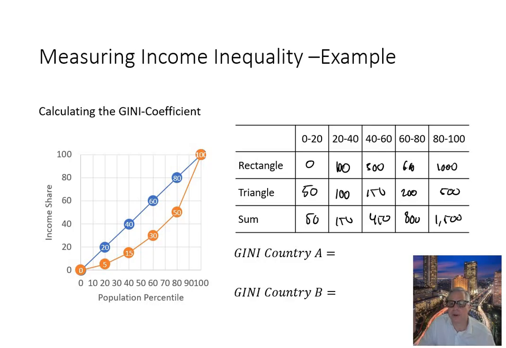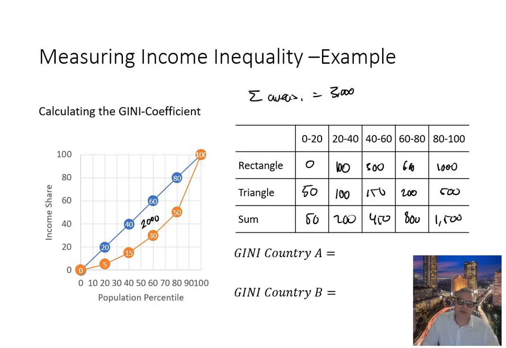Oh, by the way, 100 and 100 obviously is 200. So 250, 500, 700, 1,500, so 3,000 again. So the sum of all the areas, I just call that sum areas, that is 3,000, and that's the area underneath the Lorenz curve. So the area in between is 2,000.